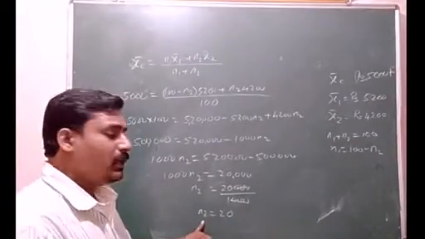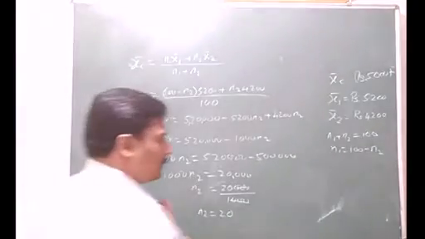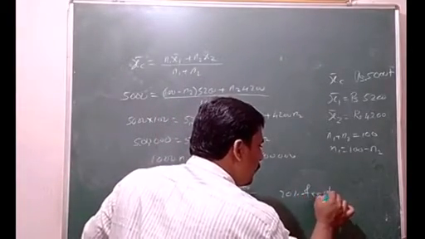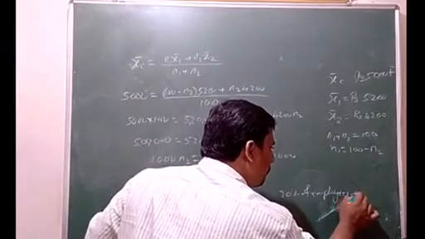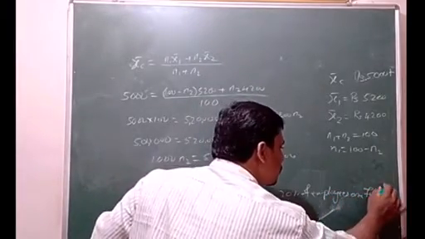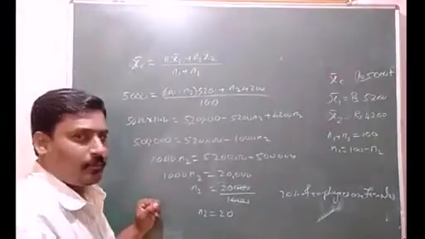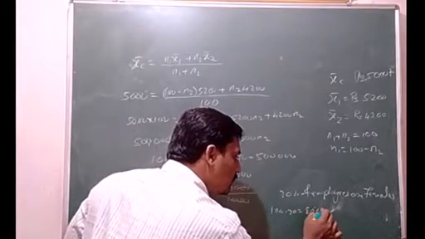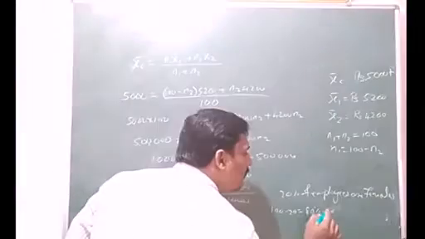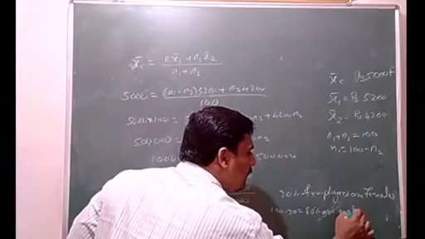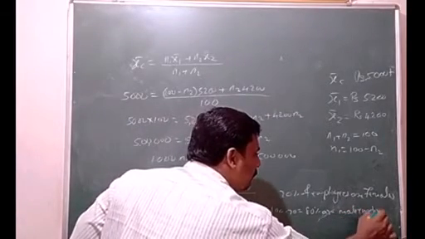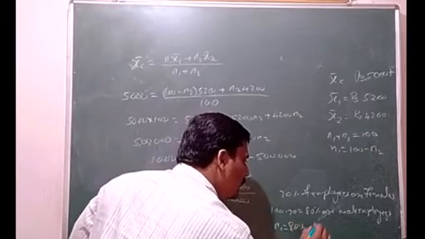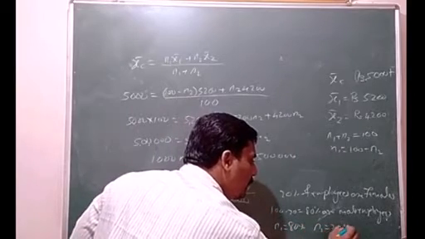So 20% of employees are females, and the remaining, 100 minus 20, is 80% male employees. So n1 is equal to 80% and n2 is equal to 20%.